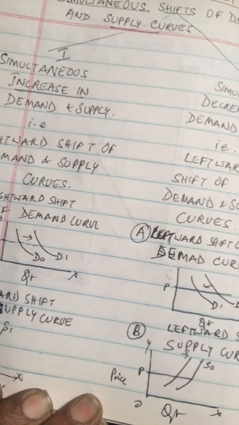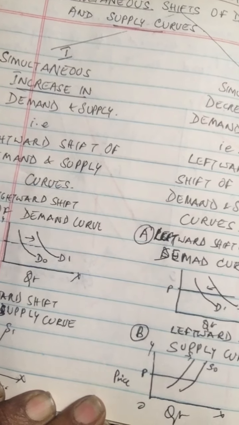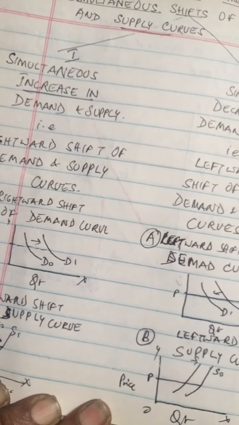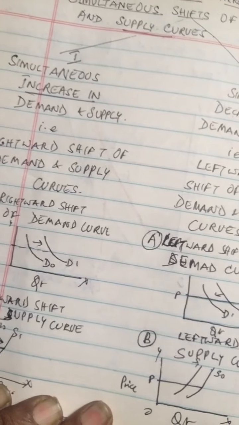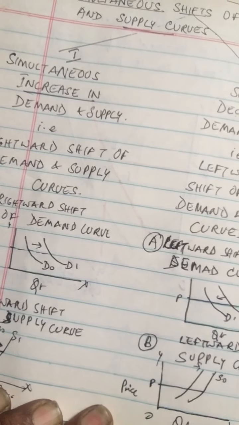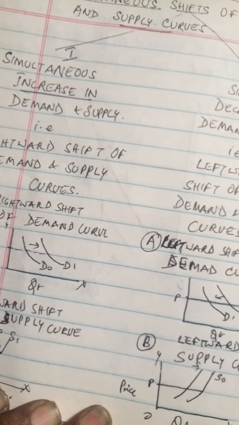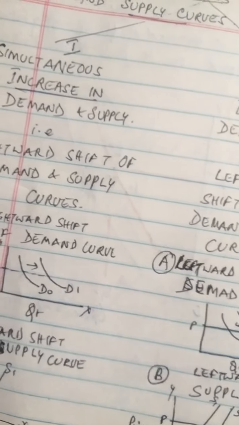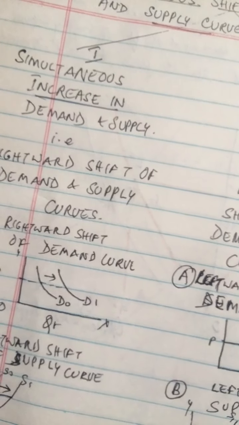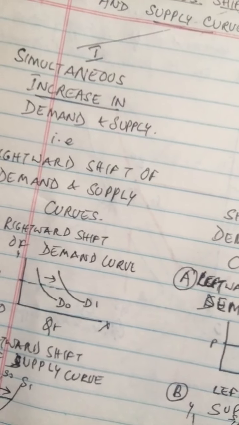So what will happen to the equilibrium price? And even if you think so, the price won't change, though the quantity will increase. Quantity means quantity demanded is equal to quantity supplied, both. And when you're talking about if the increase in demand is greater than increase in supply, then what happens? Then the price will increase.